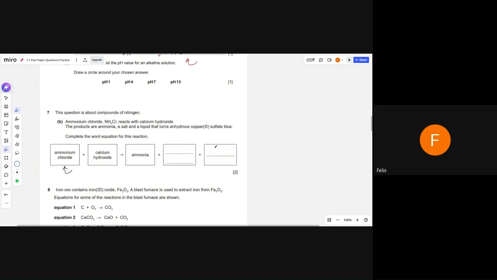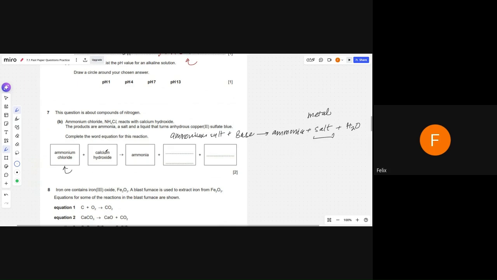So this is the general equation: ammonium salt plus a base or an alkali produces ammonia, a metal salt, and water.